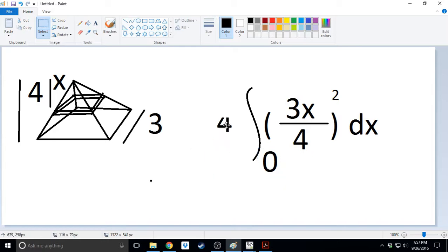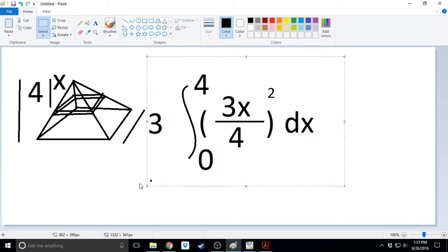From here, this is just a power rule, so we won't bother solving the integral. But this is how you set it up. That's really the hard part, is setting it up.